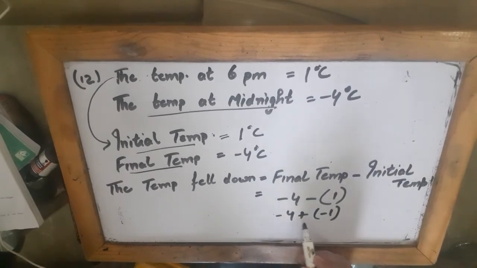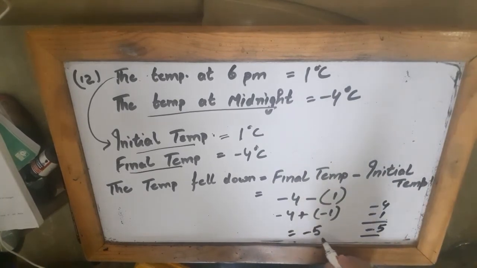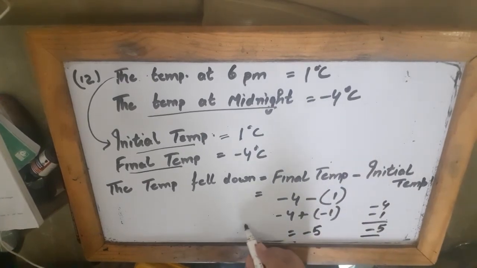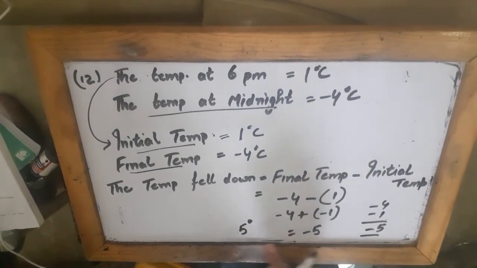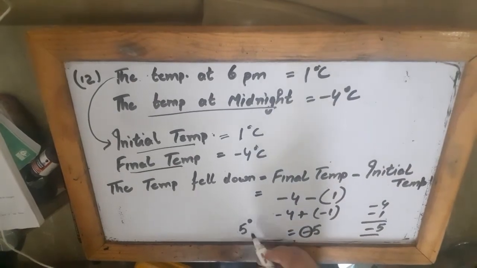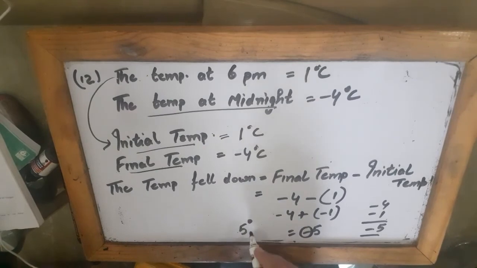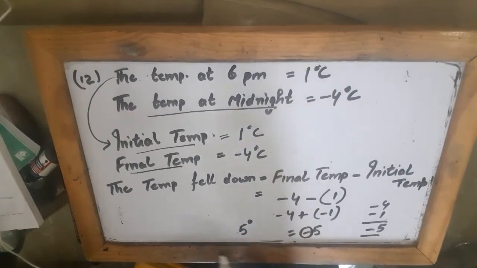Now minus 4 plus minus 1, so what will you get? Minus 5. So it means by 5 degrees the temperature has fallen. This negative sign shows that it has fallen. So by how many degrees has the temperature fallen? The temperature has fallen by 5 degrees.